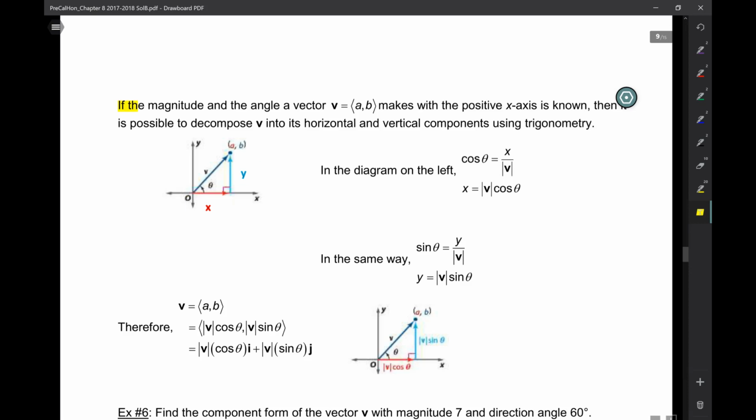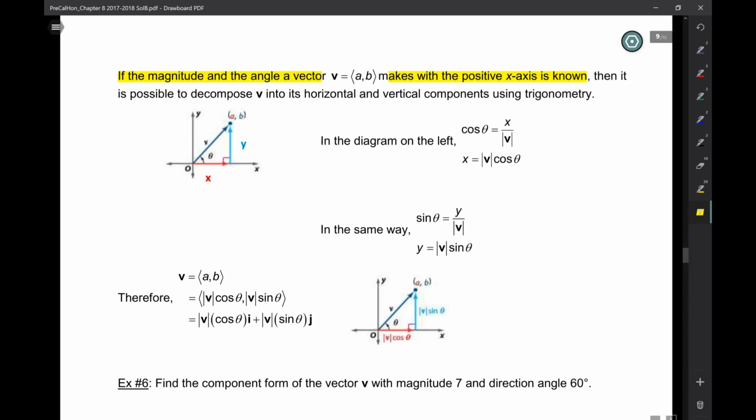Suppose you know the magnitude of the vector and you know the angle that it makes with the positive x-axis. Then you could decompose V into its horizontal and vertical components. This is what we were doing yesterday, remember? If I know V and I know theta, then how could I write x?